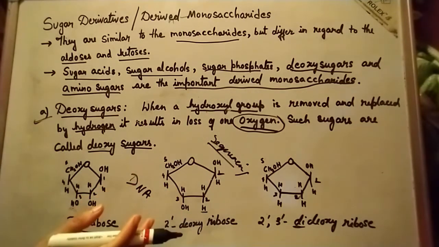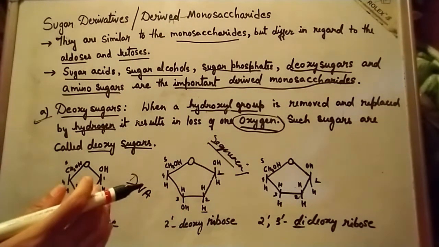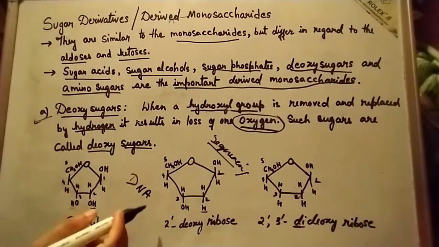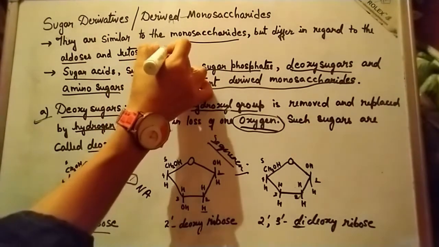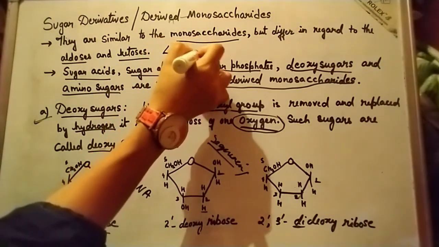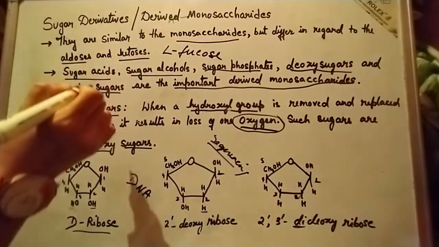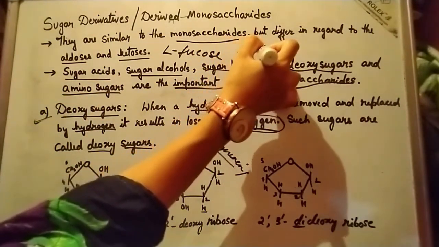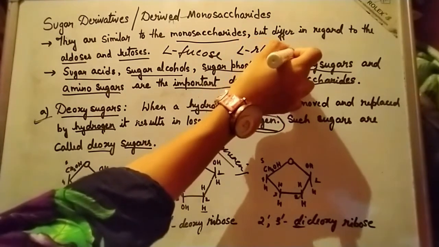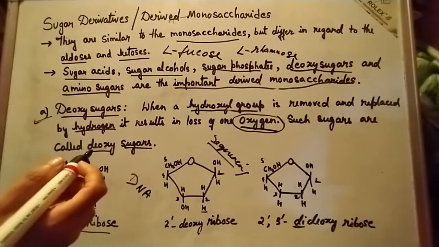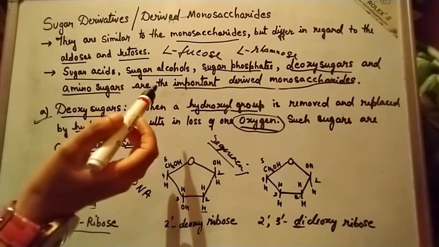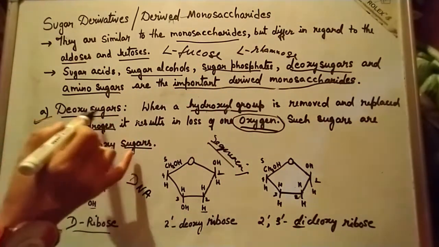There are other examples of deoxy sugar molecules, and those are L-fucose and L-rhamnose. So L-fucose and L-rhamnose are deoxy sugars.